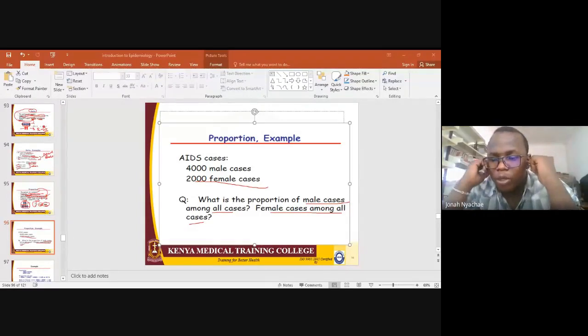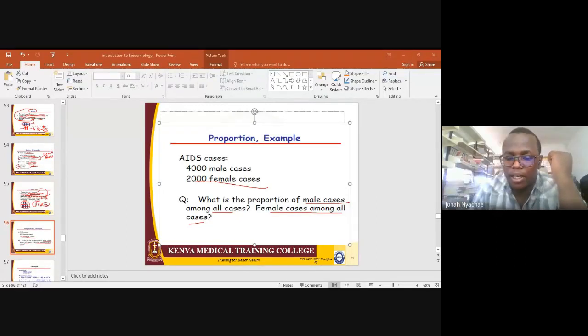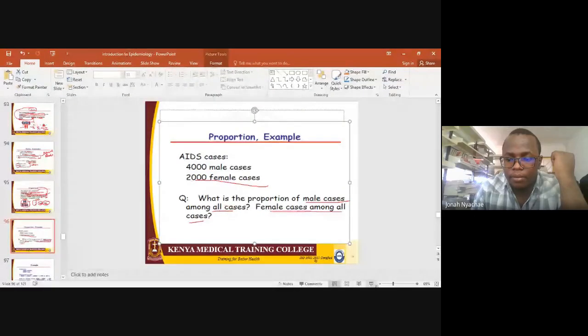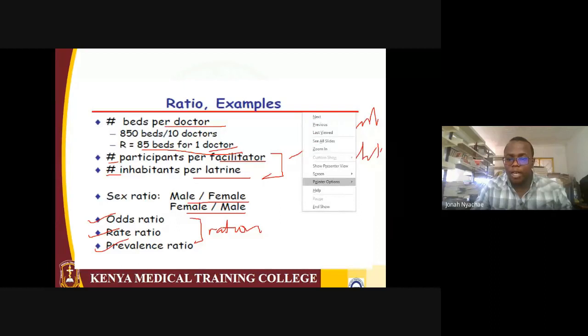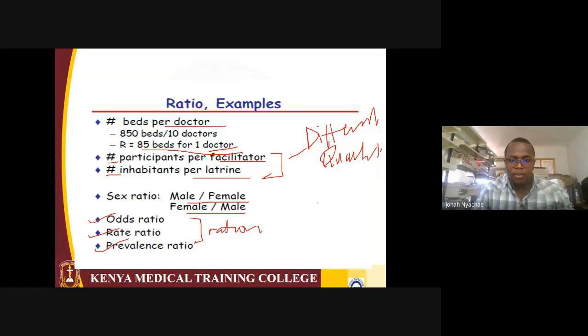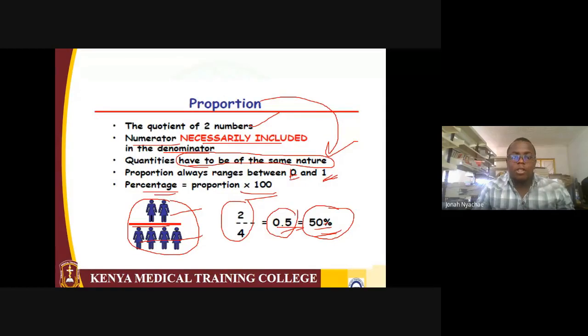Remember, we are talking about proportions, not ratios. Just for clarity, we have said that the quantities have to be of the same nature.